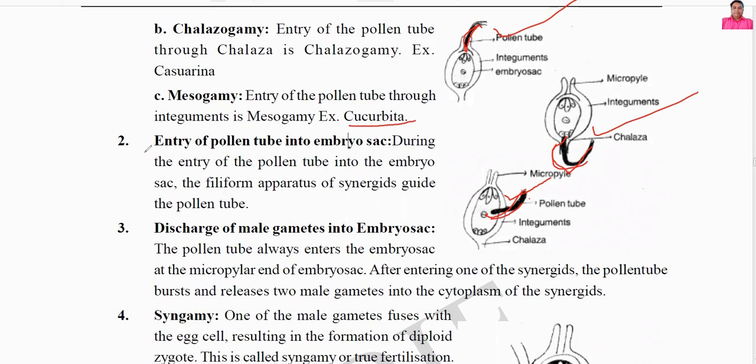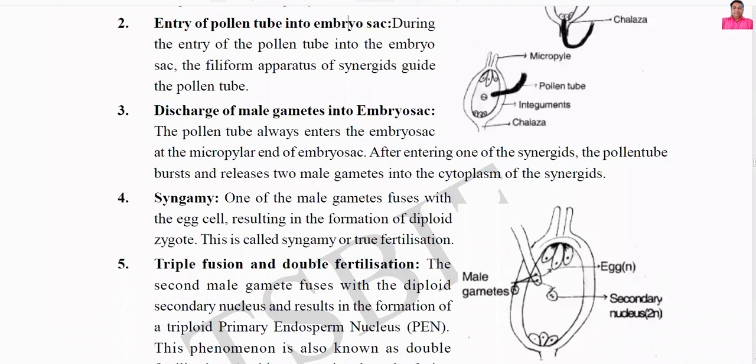Now the second step, entry of pollen tube into the embryo sac. During the entry, the filiform apparatus of the synergids guides the pollen tube.